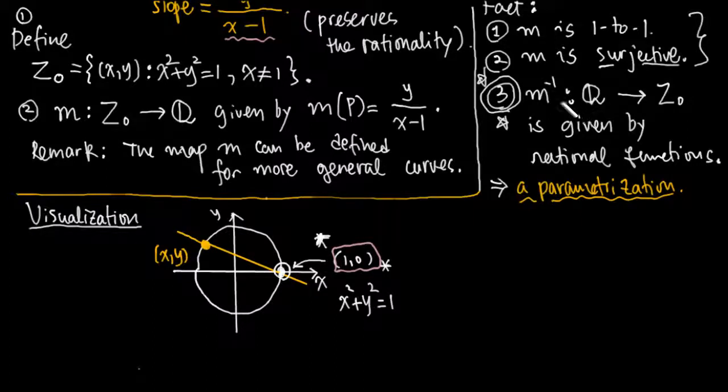Before we prove anything about this map or learn more about this inverse map, let me introduce a visualization of associating these points with a slope. Here's a line, possibly through rational points, and we're looking at the slope of this line.